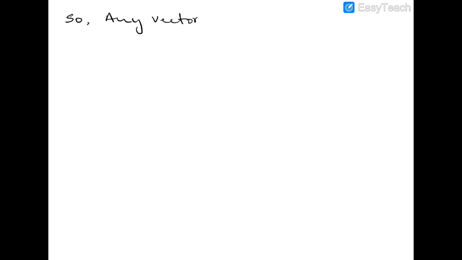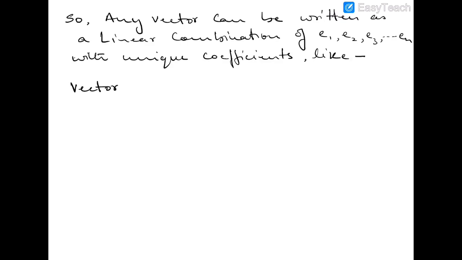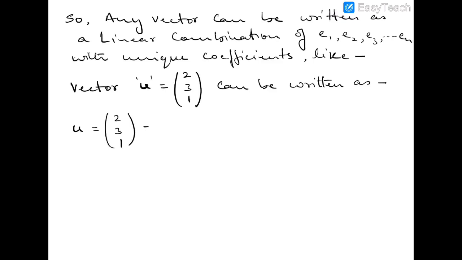So any vector can be written as a linear combination of E1, E2, E3 up to En with unique coefficients. Like vector u is equal to 2, 3, 1 can be written as 2, 0, 0 plus 0, 3, 0 plus 0, 0, 1.